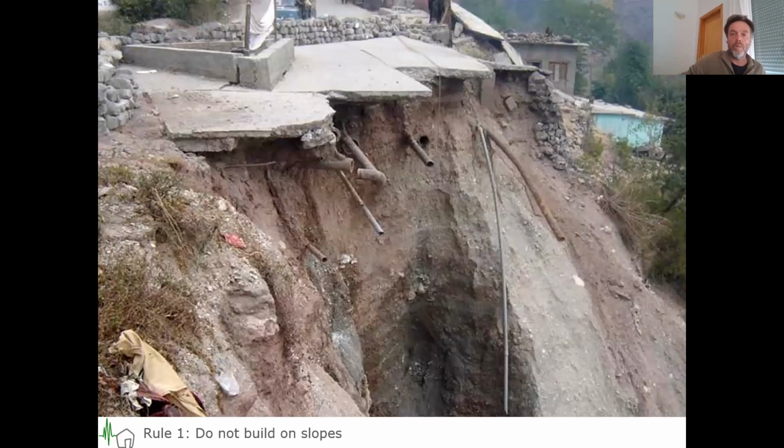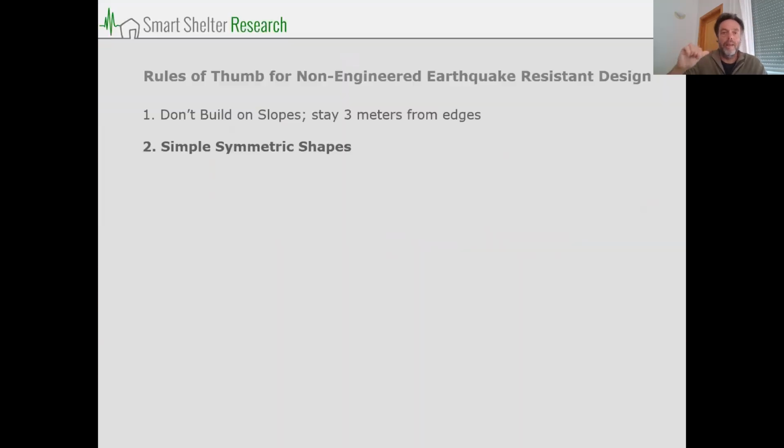So the rule of thumb is stay at least 3 meters away from these edges, but preferably further. Rule number 2. By the way, you don't have to write this down. I will send a handout later about this. But I also will explain later why you don't really have to write this down, because I'm not 100% in agreement with most of these rules.